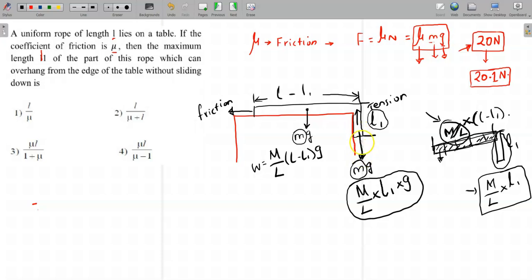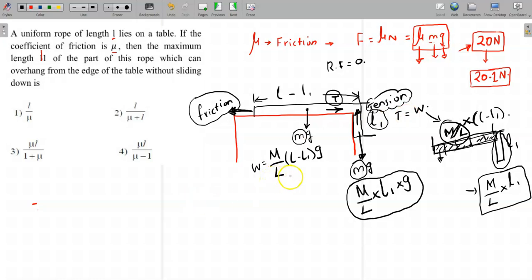The hanging rope pulls downwards, so there is tension, and the same tension is given to the resting rope in the opposite direction, opposite to the friction. The system is not moving, so the resultant force is 0. So frictional force equals tension, and the tension equals the weight.